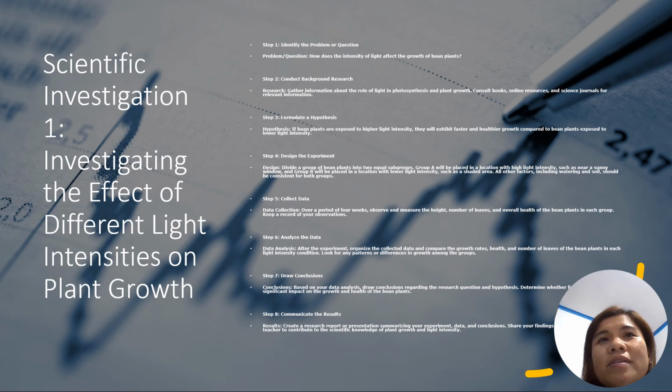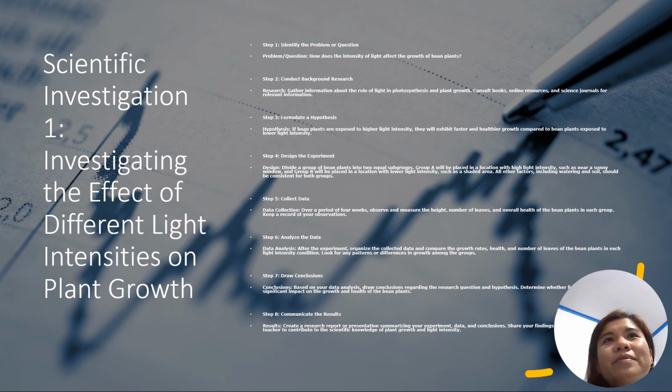Anyway, you can have a separate one, because both are light conditions: group B is the shaded area and the other one is sunny. So you can have the one that does not have applied light intensity, which is the control group.